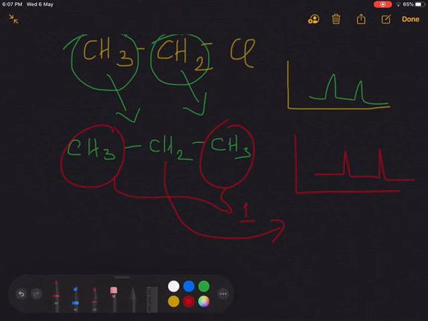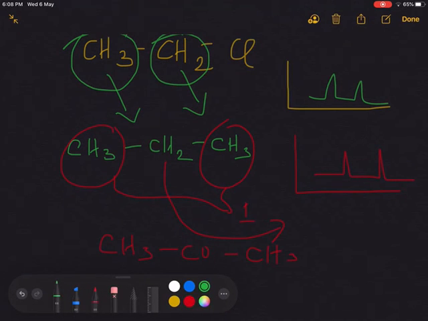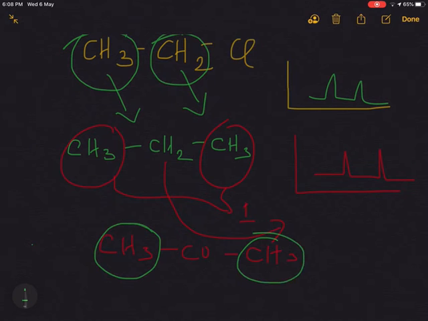Another example is acetone, CH3COCH3. And what about acetone? How many peaks do we expect in the case of acetone? Acetone contains 3 carbon atoms. So this CH3 is identical with this CH3, both are the same.